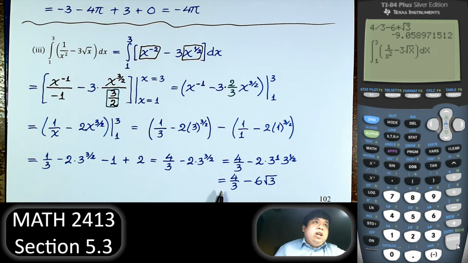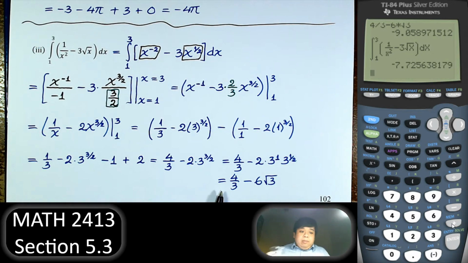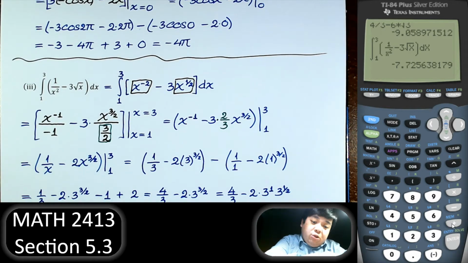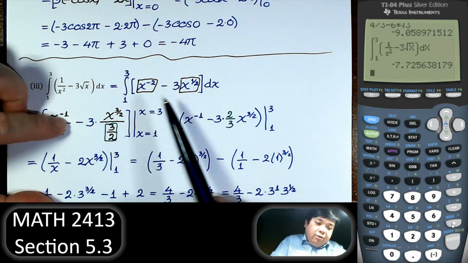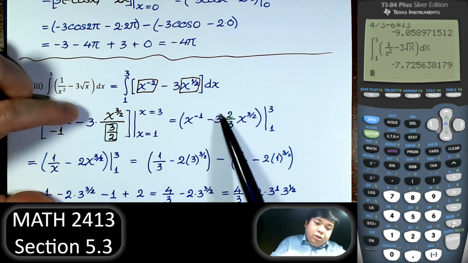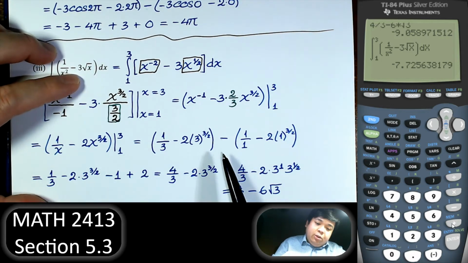So the calculator gives us that. So obviously either I did something wrong or the calculator did something wrong. So let's go back to check the work. That's why we check, right? So 1/2, 3/2, 3/2, 2/3, the 3s cancel, 2 x to the 3/2.